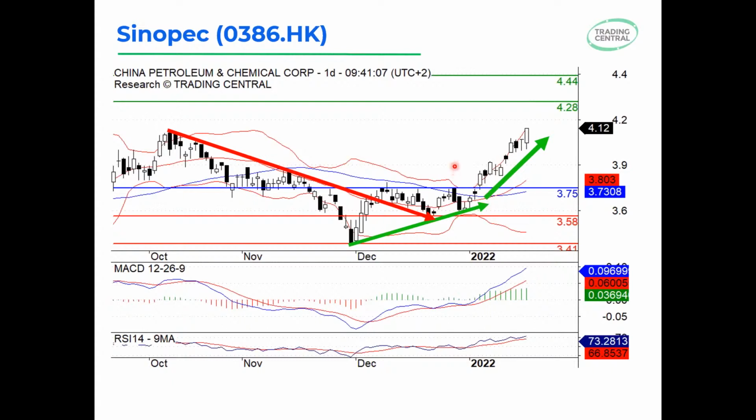So remember my routine. I look at the pattern first, and then I look at the moving average. The 20-day has crossed above the 50-day. Now you can see the signal from the MACD and also from the RSI. Same, I want you to be alert on this one, particularly going forward.